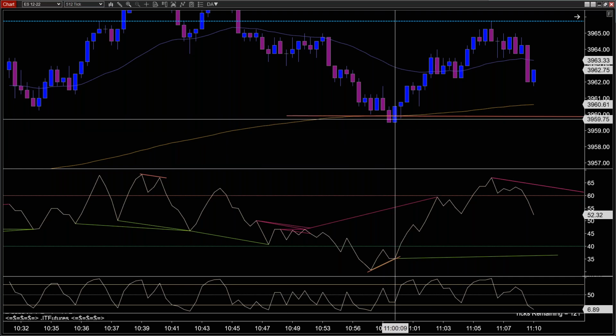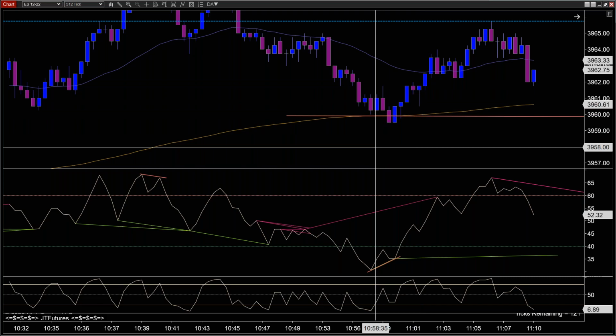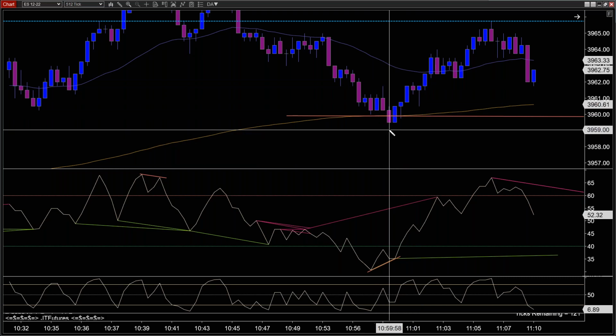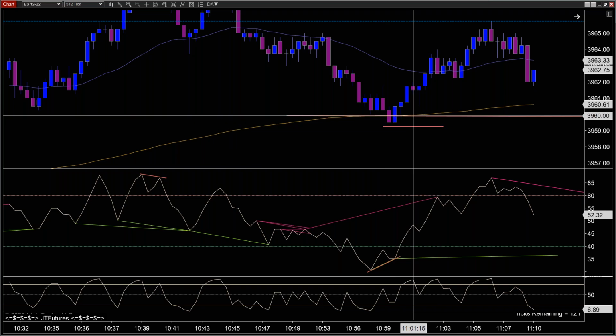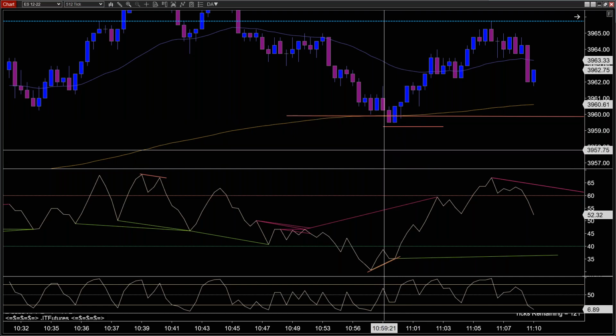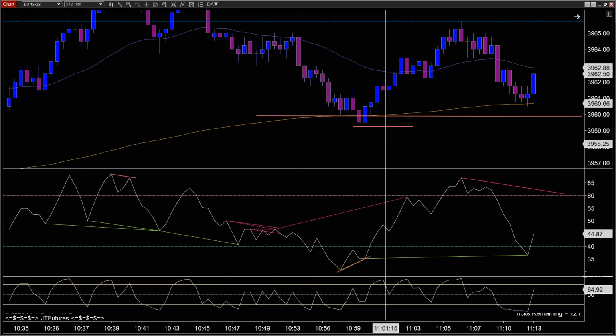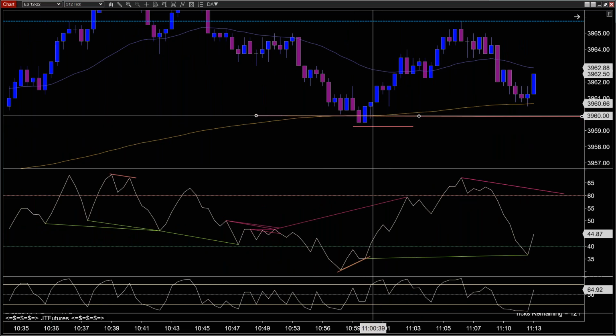Well, guess what? If the market starts going in the direction you expect, you know that you're now wrong a tick or two below the low. And in this instance, you would have taken on just about 1 point of risk, 4 ticks on the S&P 500 futures. 4 ticks of risk on that type of trade.